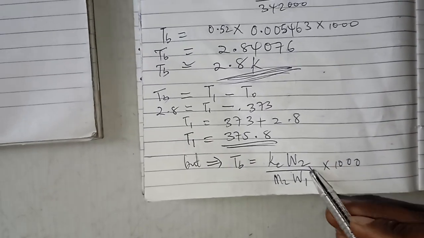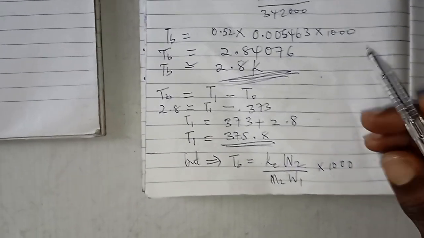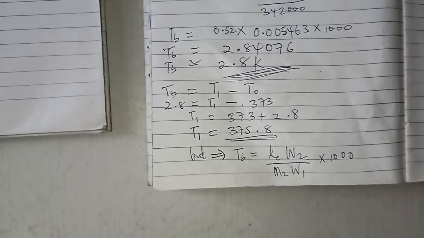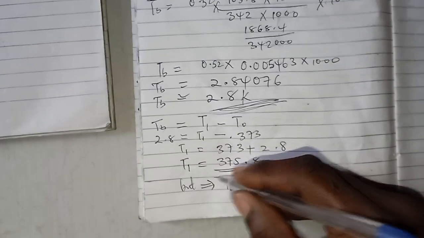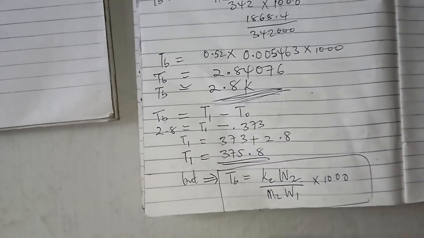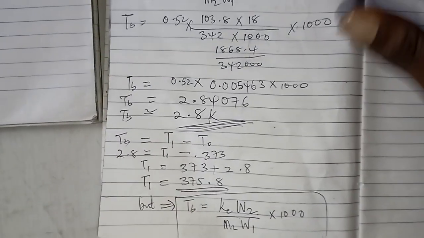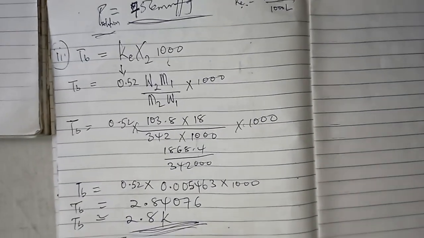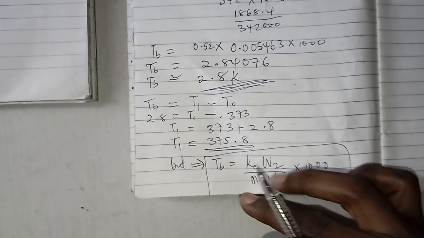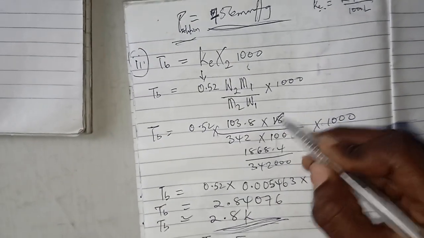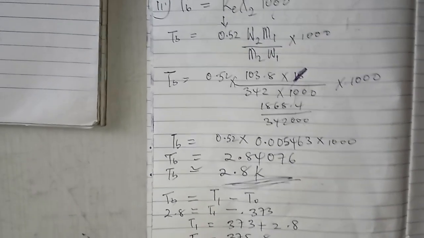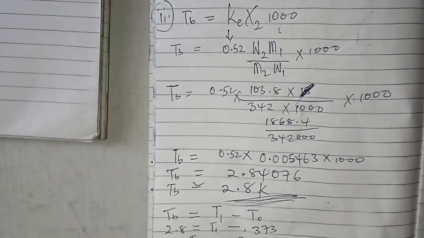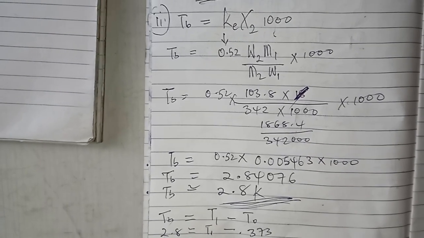So they are keeping the molar mass of the solvent constant, taking it to be a constant. If you use this formula, I'll no longer put the 18, because that is our M1, so it is kept constant.